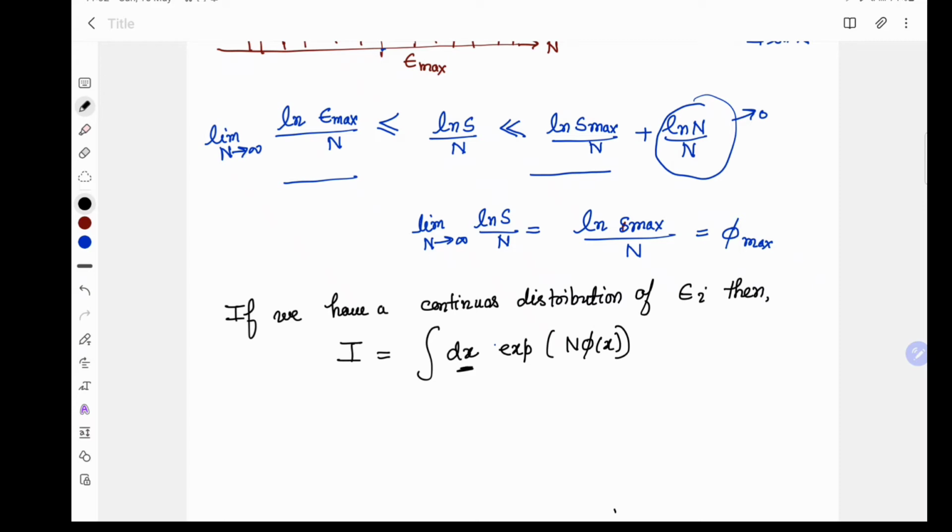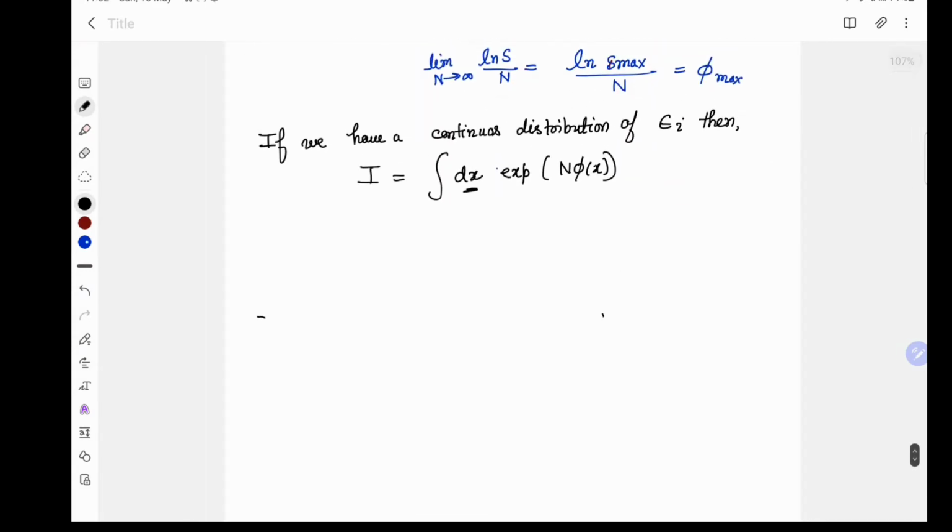Now there are many situations where these energy levels are actually continuous. So now the diagram will be something like this. We have x, and this is exponential n phi x, and it has a maximum at some value xm.